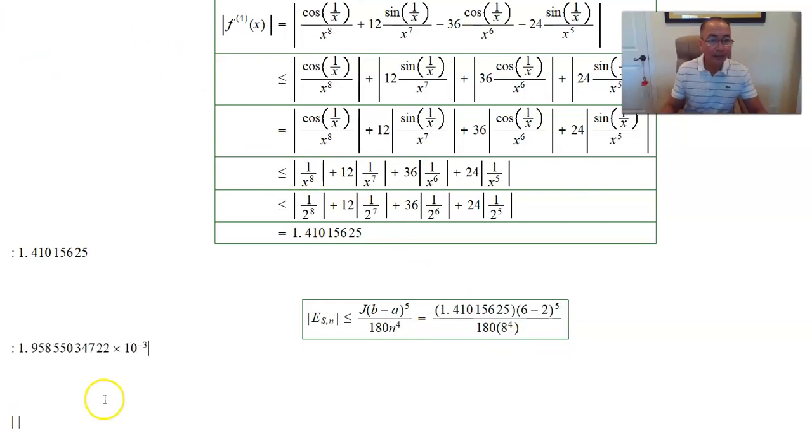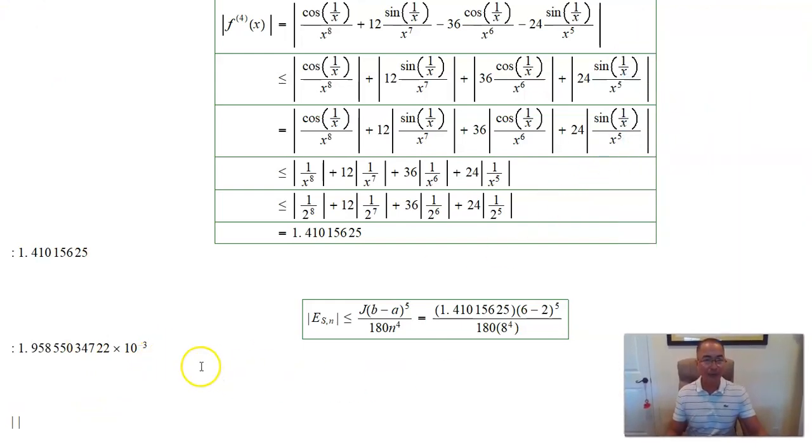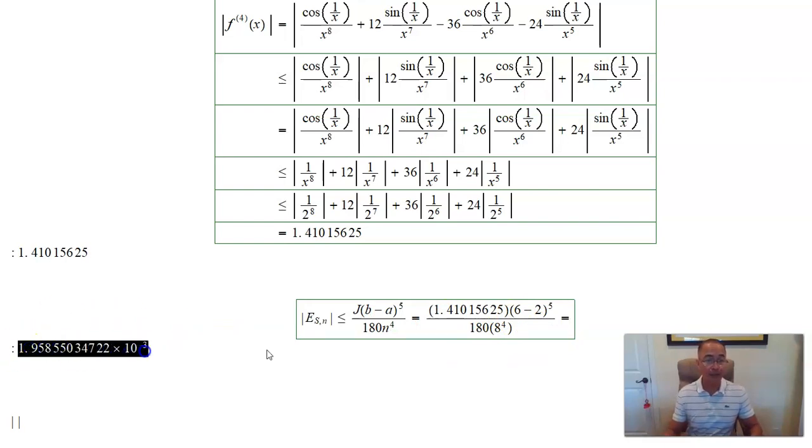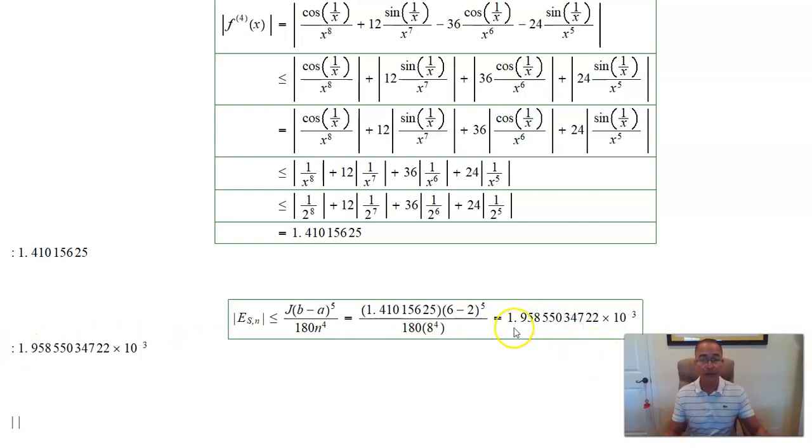Before it was something to the minus 2. So this is slightly smaller than the error that we got for the trapezoid method, right? So that is the maximum error, approximately. I would just put equals there, even though that should be the approximate symbol.